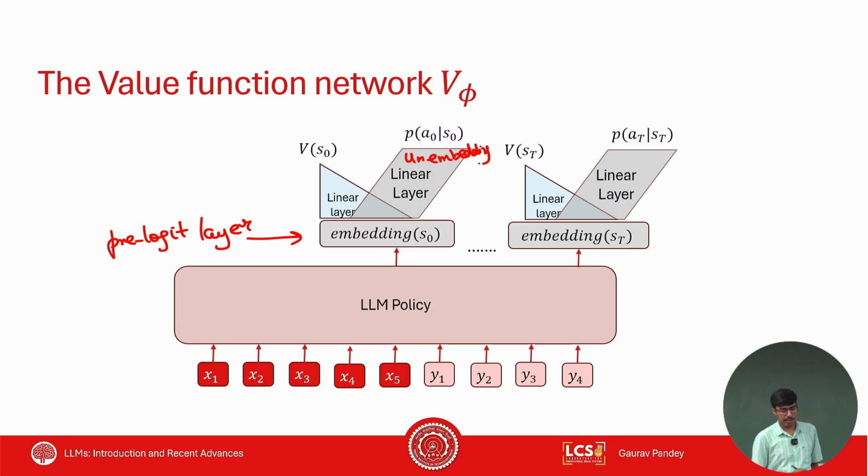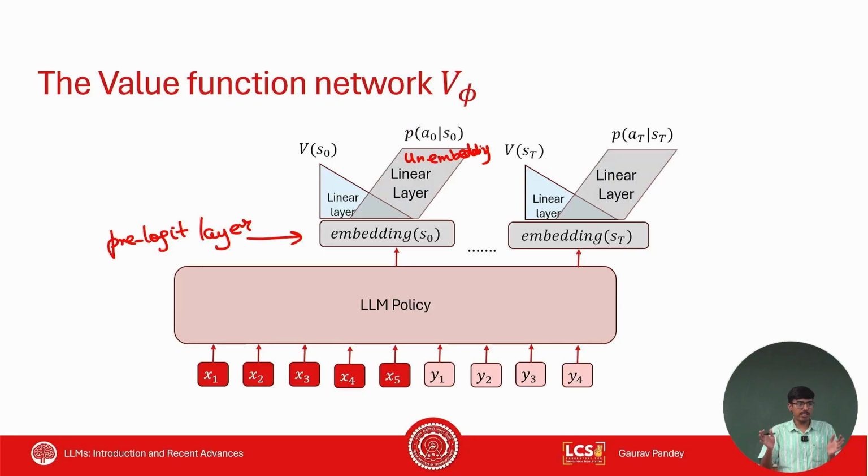You add one more layer whose output is only one dimensional, and this particular layer is what you train to predict value. So this is your value function, and you train it at time step 0 to predict the reward of the entire sequence. At time step 1, you train it to predict the reward of the sequence from this point onward.